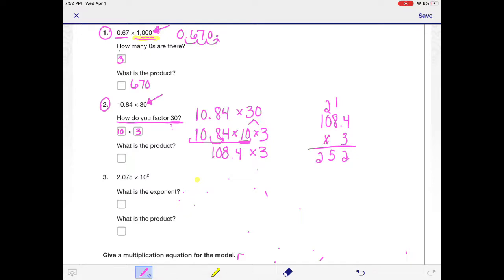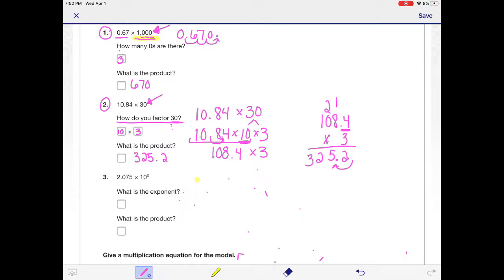Plus 2 is 2. 3 times 1 is 3. Now that's not our answer because we have to go back and say, oh, there is 1 decimal place. So we're going to take this decimal and we're going to move it back over where it belongs. All right, so the product is going to be 325 and 2 tenths.